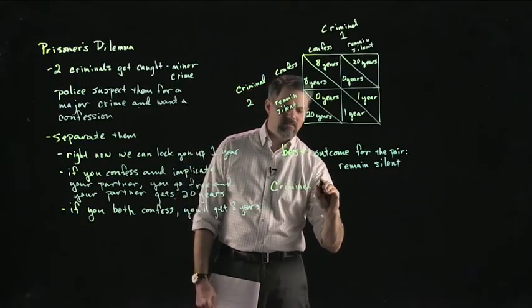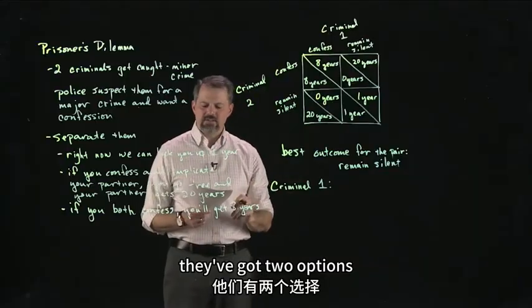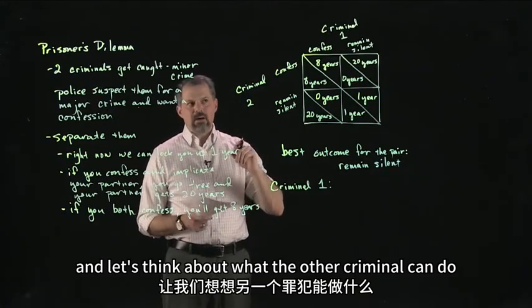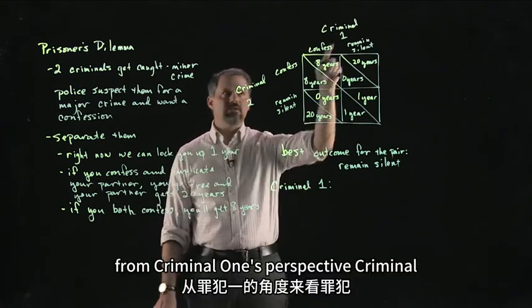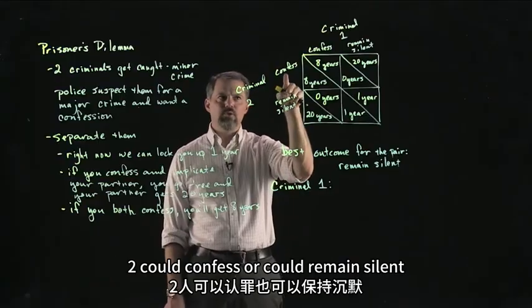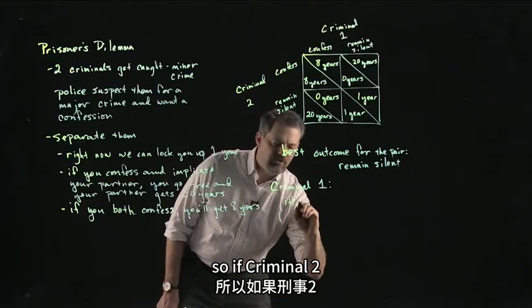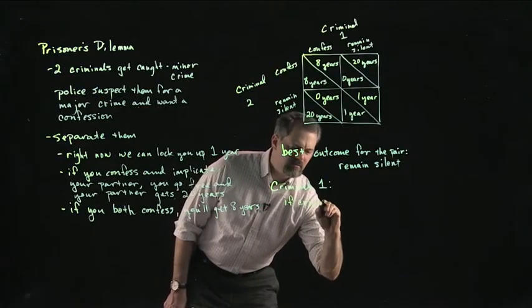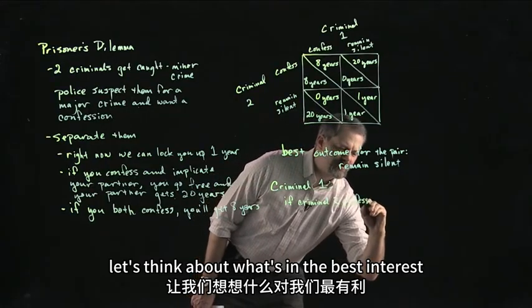Criminal one. They've got two options, and let's think about what the other criminal can do. From criminal one's perspective, criminal two could confess or could remain silent. So if criminal two confesses, let's think about what's in the best interest of criminal one.